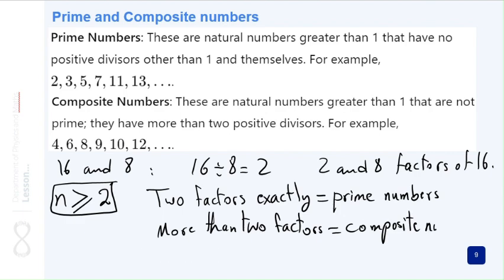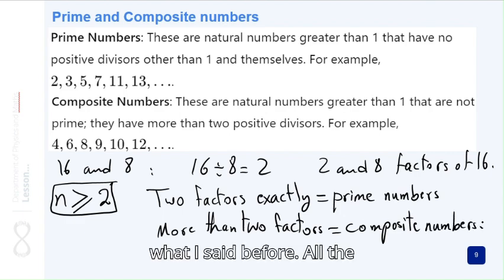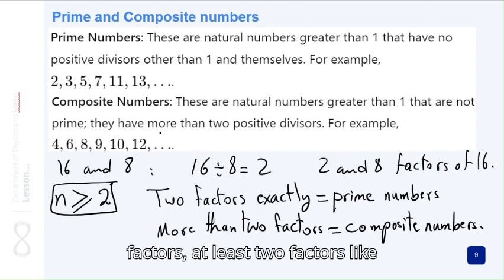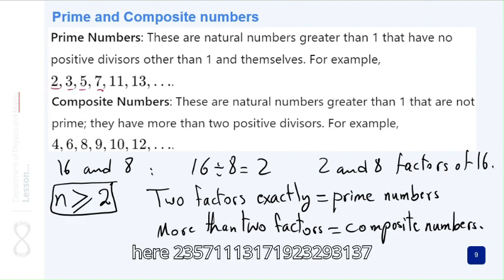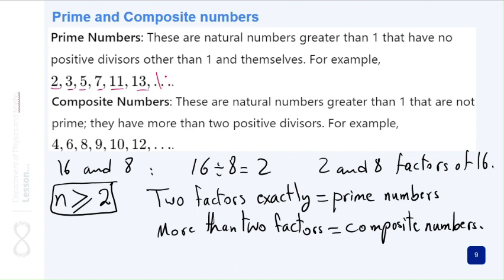Again, we repeat what I said before. All the numbers have minimum 2 factors, at least 2 factors. Like as you see in the list here, 2, 3, 5, 7, 11, 13, 17, 19, 23, 29, 31, 37, and so on.